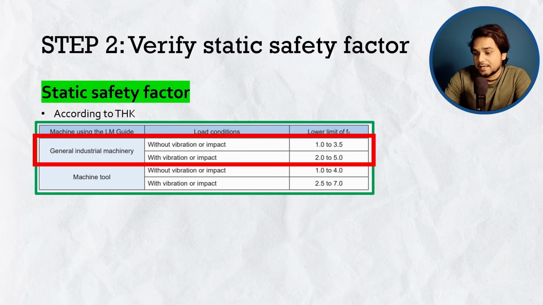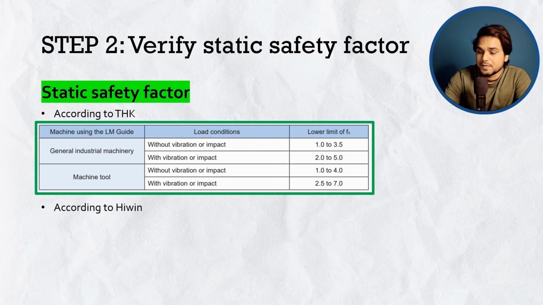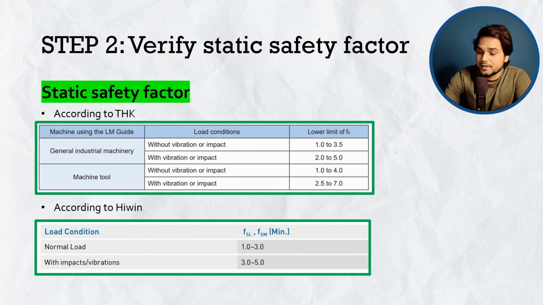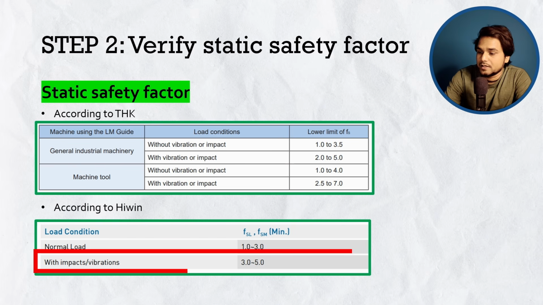With vibration and impact, it should be 2 to 5. And for machine tools, the safety factor can be up to 7. According to Hiwin, also a manufacturer of guideway, for the normal load, a static safety factor should be 1 to 3, and for the impact load condition, it should be 3 to 5.